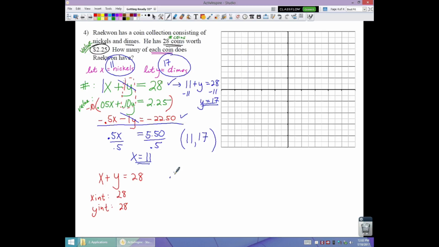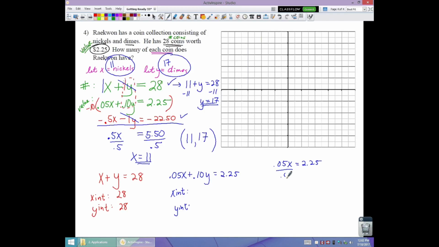Now, for the other one, I'll make this one blue. If I ignore the y term to find the x-intercept, I'm left with this, 0.05x equals 2.25.